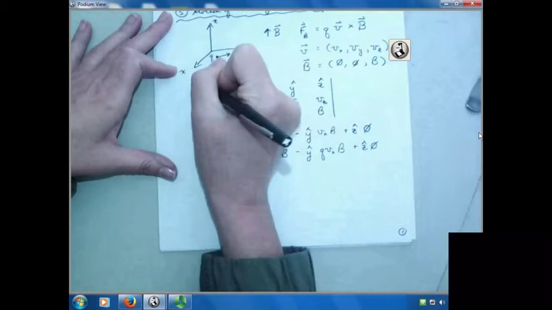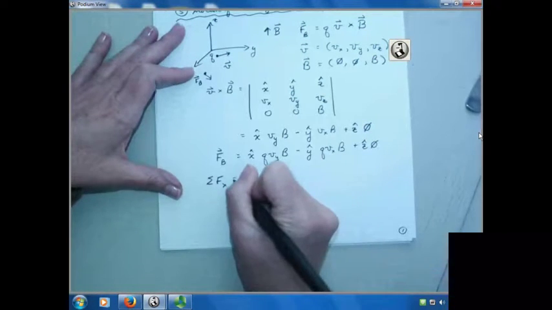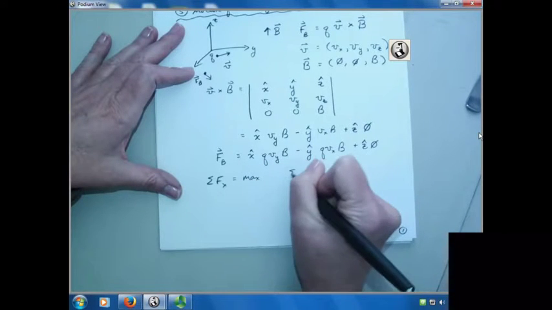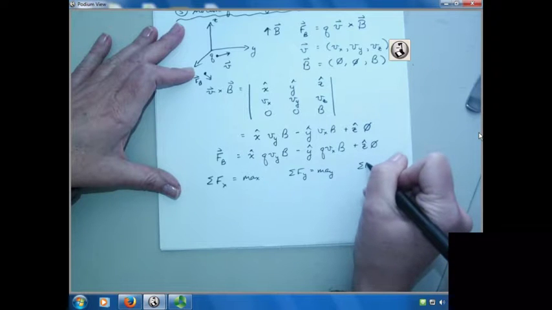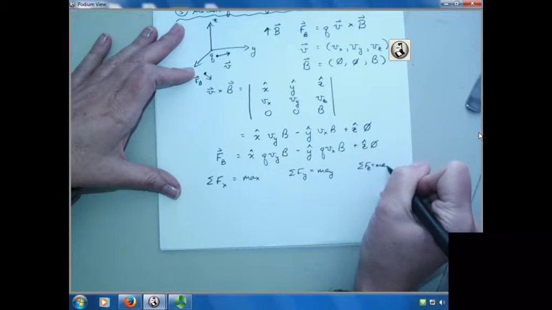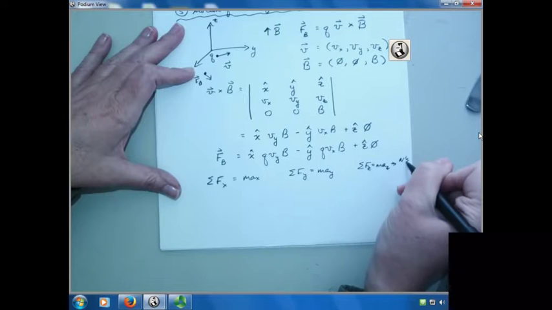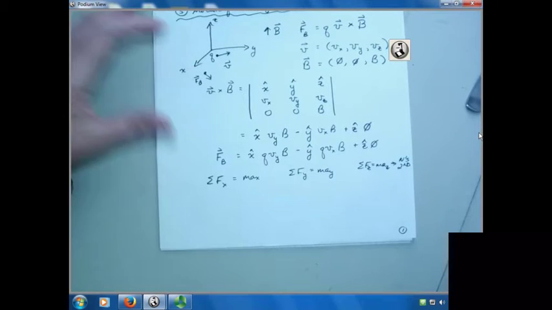All right. Okay, sigma Fx equals max, sigma Fy equals may, and sigma Fz equals maz. And those are Newton's second law.